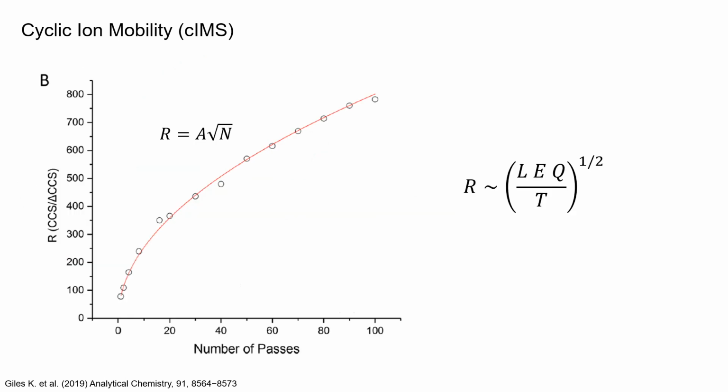In the Cyclic IMS, the resolution has been proven to increase with the square root of the number of passes through the cyclic device, and we are now in a transition phase where the study of how to implement this in potentially routine analysis could bring additional benefits, and more applications are in development.